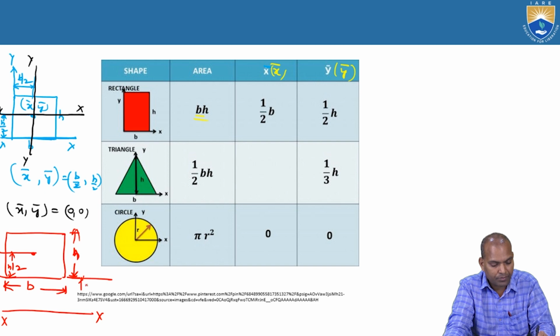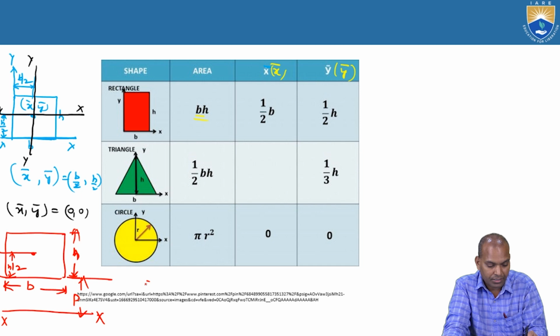And the distance from the reference axis to the base surface is some P. What is the centroidal distance, that is bar Y, from this reference axis XX of the rectangle?